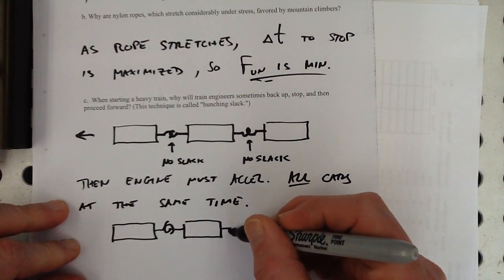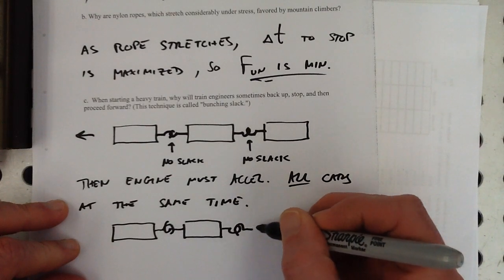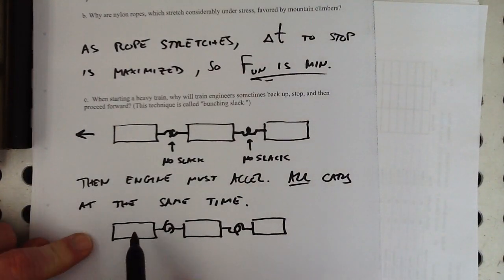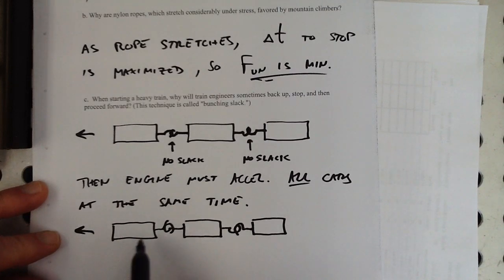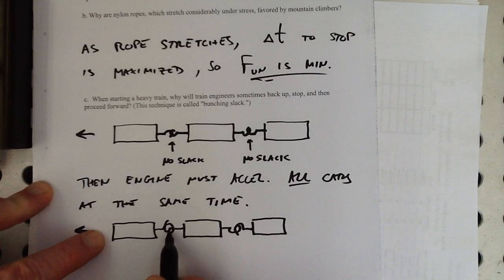If they're not touching yet, like this, then you can imagine what happens when the engine, the train car up at the front, it's called the engine, right? When that one starts to go forward, it only has to accelerate this one for a short distance, and then there's the clang, then these ones link up, and this starts pulling that one, and you get kind of a collision there.